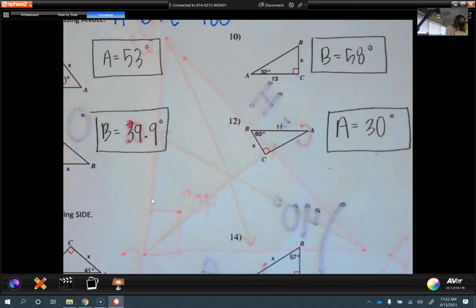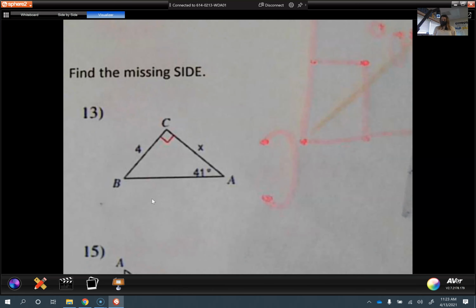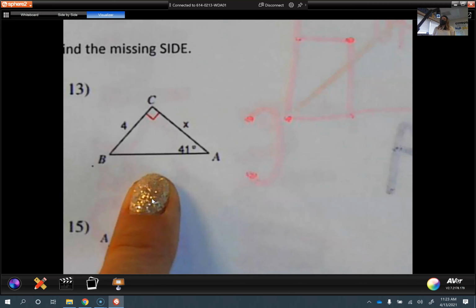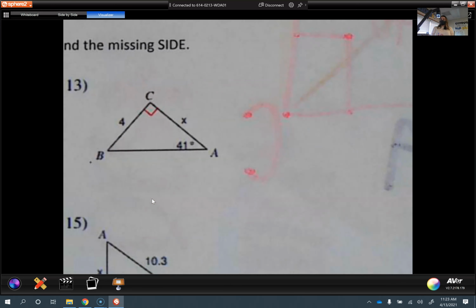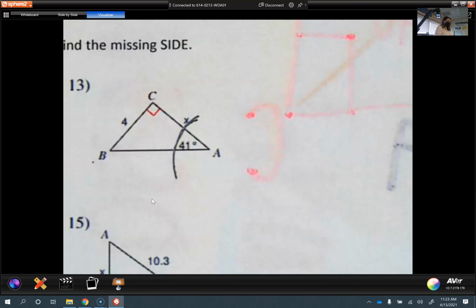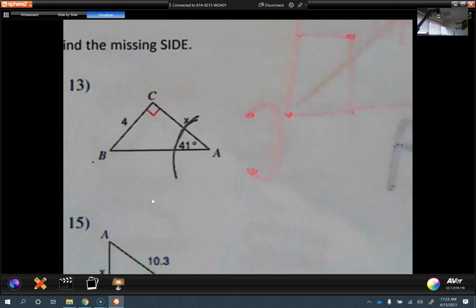Okay, the next step is where things get more complicated. So 13 wants you to find the missing side. And they are telling you what side they want you to find by giving you the little X. So the first step is to mark the angle that they give us that's not the right angle.